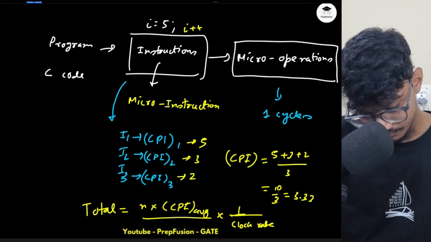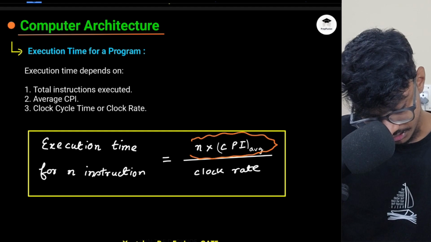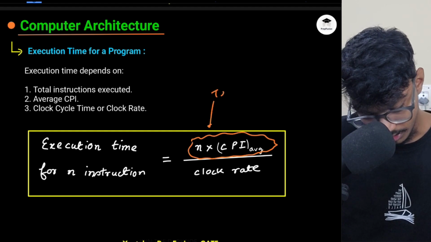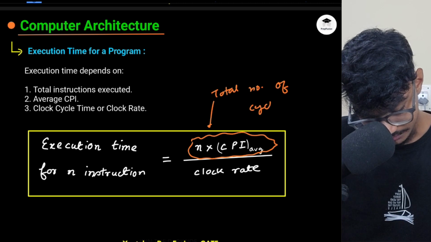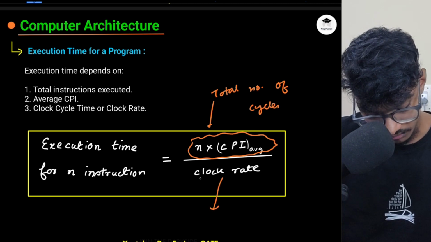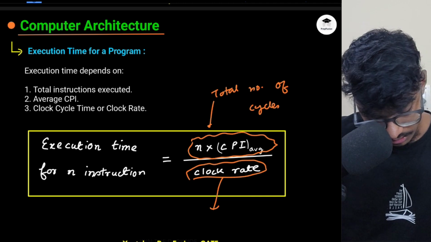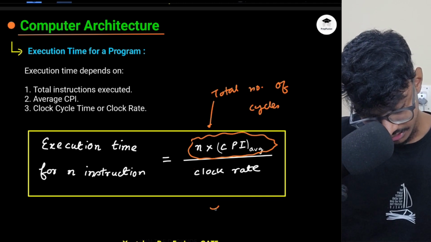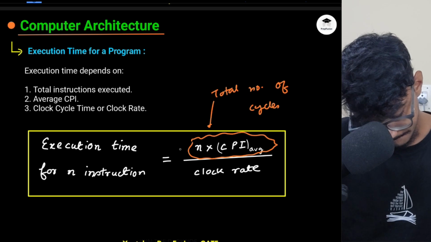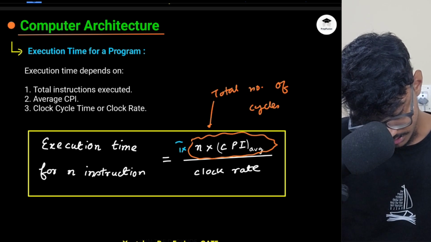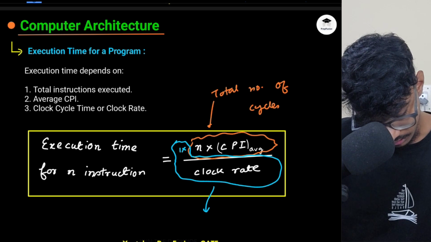So I have written the formula only. This top thing is the total number of cycles, and this reciprocal, 1 over this whole thing, is equal to what?